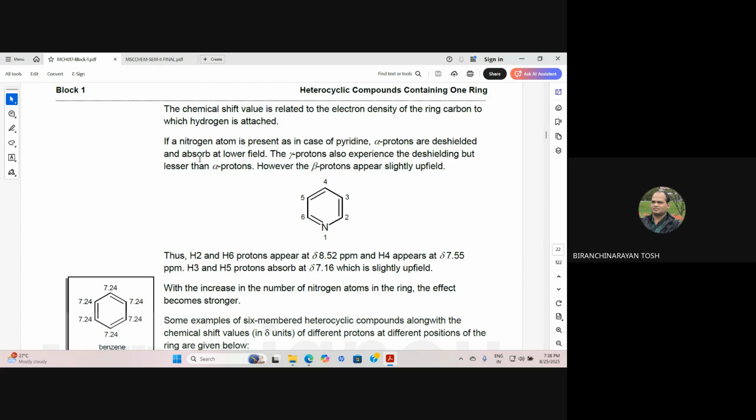So they will absorb at lower field. Deshielding means absorption at lower field; shielding means absorption at higher field. The gamma proton, alpha, beta, gamma, this fourth one, also experiences deshielding. So the 2, 6 and 4 protons are deshielded and will absorb at lower field.